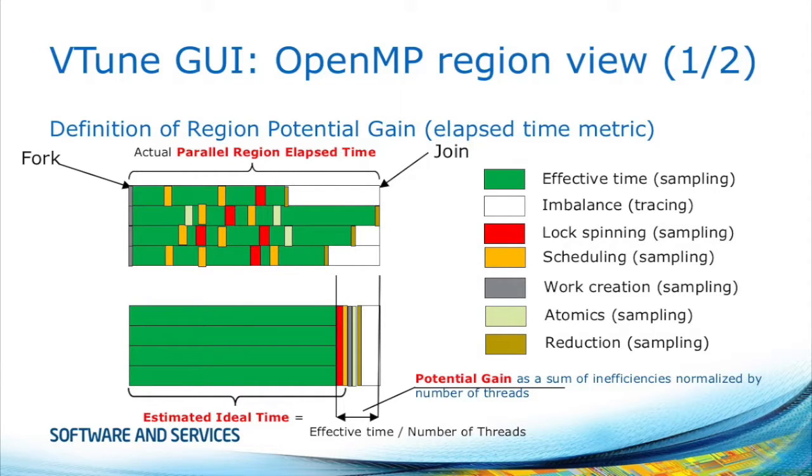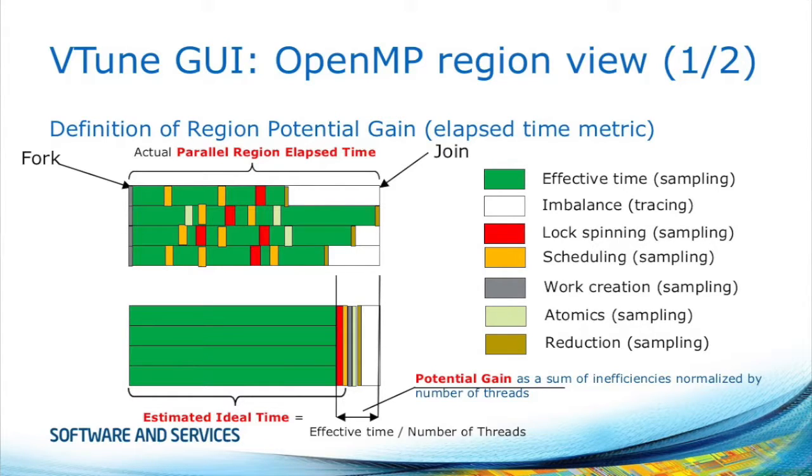Okay, and then green means that this is effective time, so this means that the thread is actually active and creates samples. Then we have imbalance time where the thread is finished and is already in the final state, so sleeping again or terminated. Then we have red parts where a thread is spin waiting on something like a lock or spin waiting to retrieve a task from a task queue, whatever.